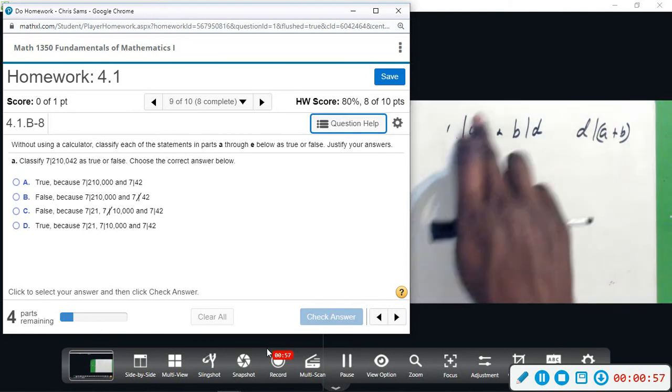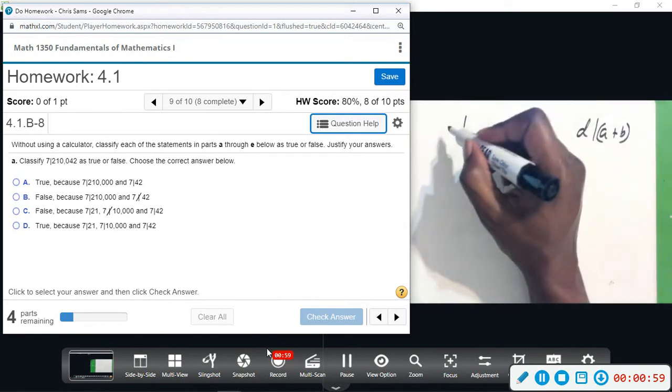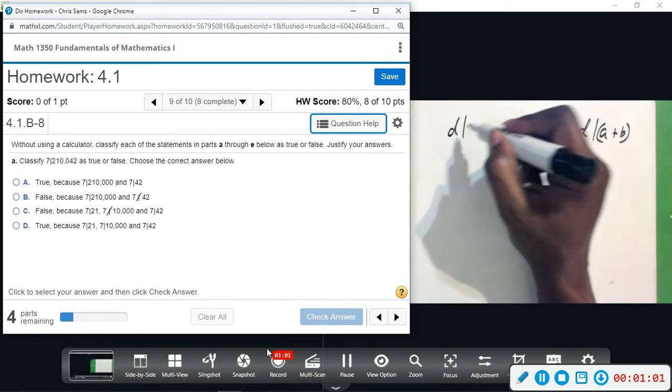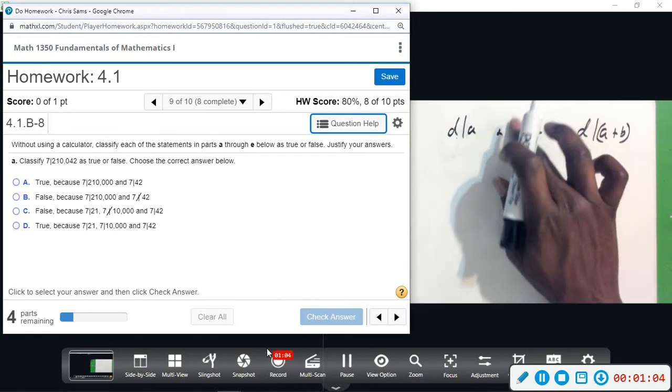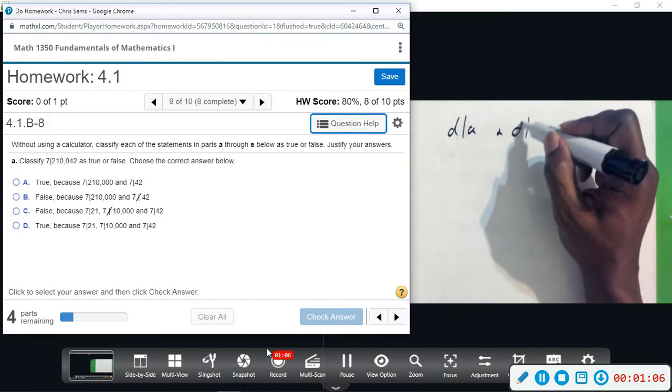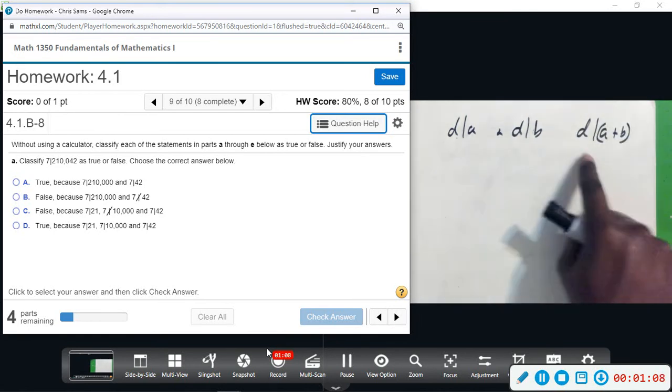Yeah, I think I've written this part backwards. If D divides A and D divides B, then D divides A plus B.